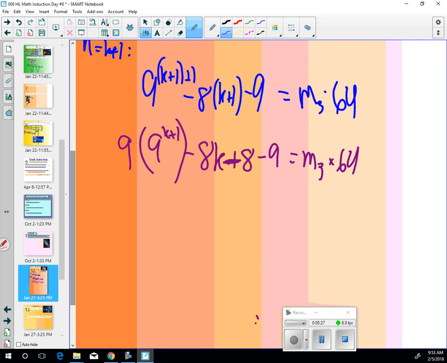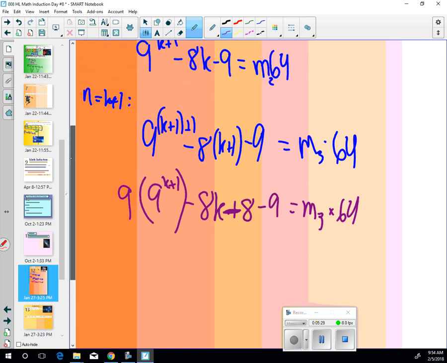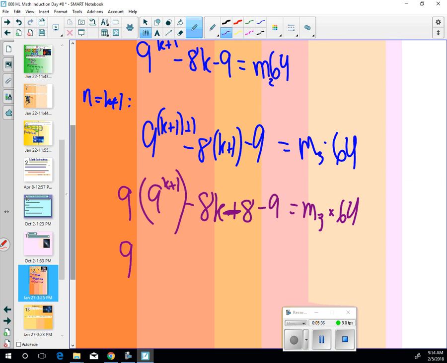So we're going to use this up here that says 9 to the k plus 1 minus 8k minus 9. I'm going to have left over 8 times 9 to the k plus 1.